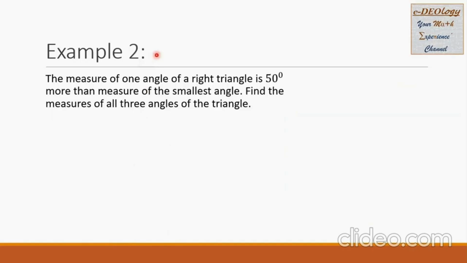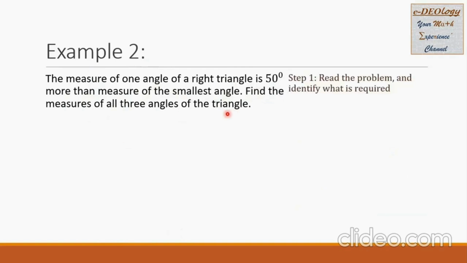Let's have example 2. The measure of one angle of a right triangle is 50 degrees more than measure of the smallest angle. Find the measures of all three angles of the triangle.